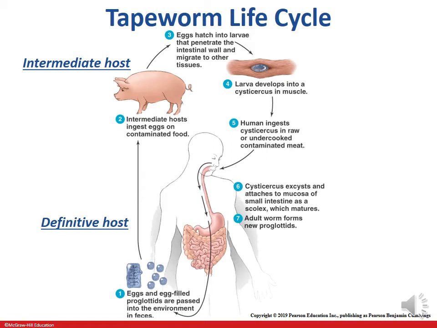If it finds its way to the brain, it can embed in there, and you can have serious complications if you happen to be a human who is in the intermediate host stage. Now, fortunately, humans tend to avoid feces much more readily than livestock, perhaps, that are just eating their food right off the ground. And so it's usually not a problem in that regard. But again, when you have places where people don't have proper sewage treatment, this can become a problem.